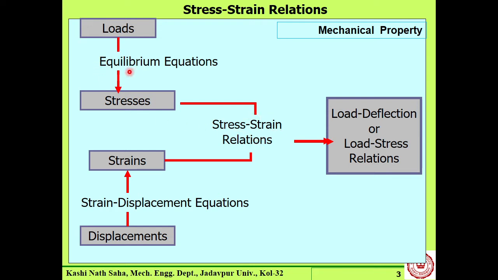Because the equilibrium equation we have developed for stress analysis, basically force and stress, how they are related, how we represent stress, etc. And also we have discussed the strain and displacement relation, from the displacement field how we obtain the strain field. Now next we will be focusing on stress-strain relations, and here we need these mechanical properties.